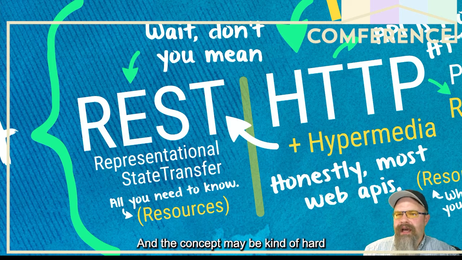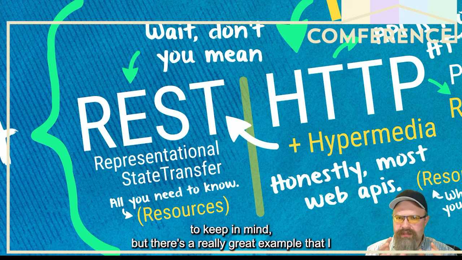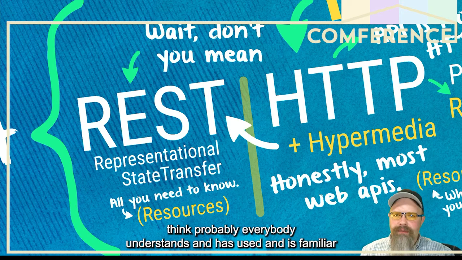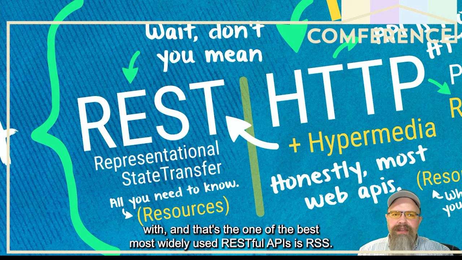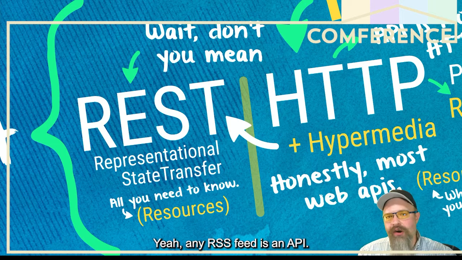The concept may be kind of hard to keep in mind, but there's a really great example that I think probably everybody understands and has used. One of the best, most widely used RESTful APIs is RSS. Yeah, any RSS feed is an API.